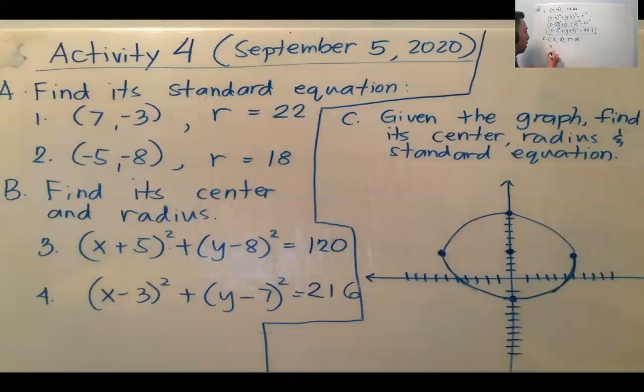So I will just copy x minus, okay, and then negative 5 squared plus y minus negative 8 squared equals r is 18, and we have squared. And then we will now do this. X negative times negative, that is positive 5 squared plus y negative times negative is also positive.